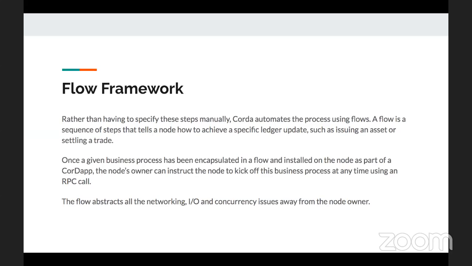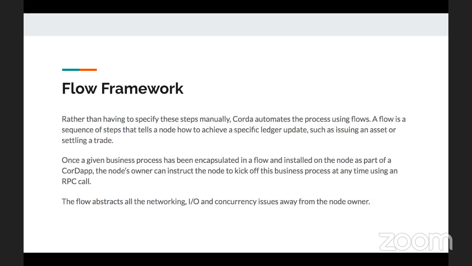Once the business process is encapsulated in a flow and is installed in a node as part of the Corda app, the node owner can instruct the node to kick off the business process at any time using an RPC call or a REST call. Flows abstract all the networking, input, output, and concurrency issues away from the node owner.